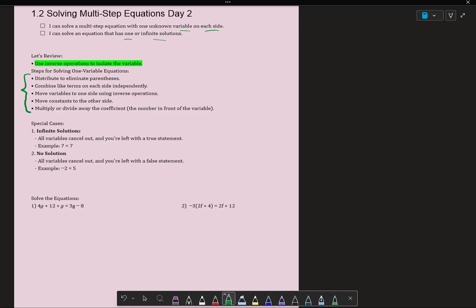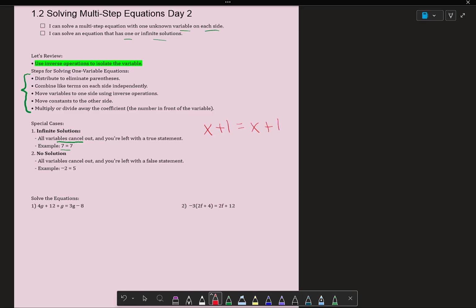So if you're solving an equation and all of the variables completely cancel out, they just don't exist anymore, and you're left with a true statement. For example, all the x's may cancel out and you're left with something like 7 equals 7. That is an example of infinite solutions. For instance, what if x plus 1 is equal to x plus 1?